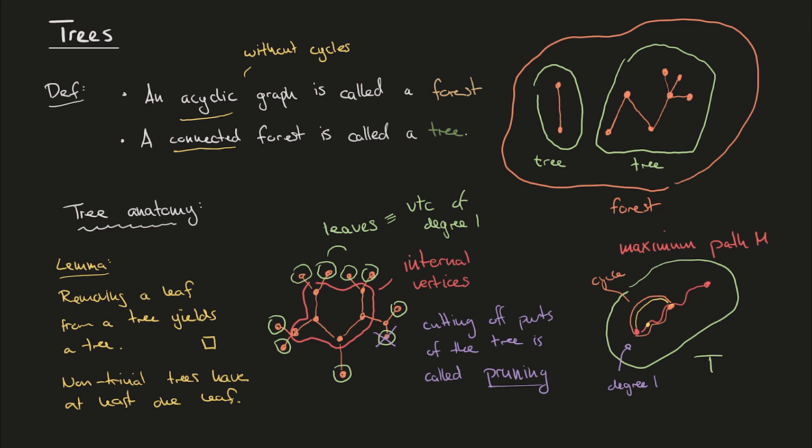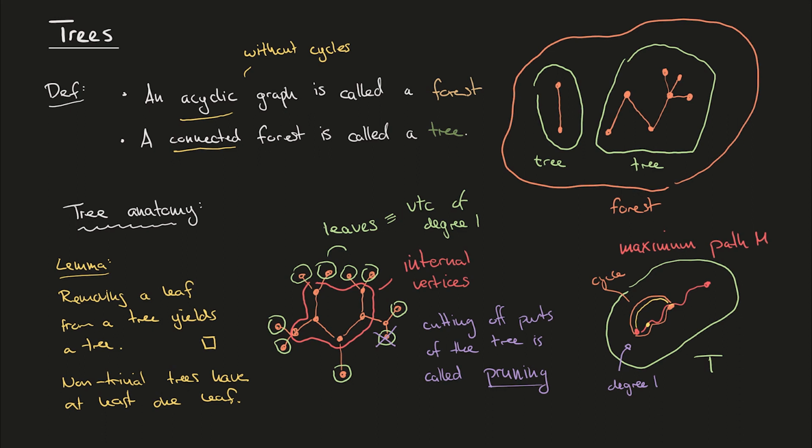Therefore, if this endpoint has an additional neighbor, that means it has degree at least 2, then in any case we get a contradiction, because that neighbor can't lie outside of the path M, and if it lies on M, then we get a cycle, which is also a contradiction.